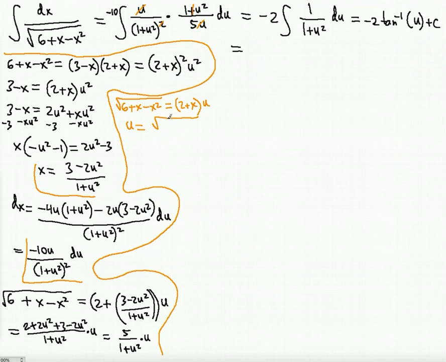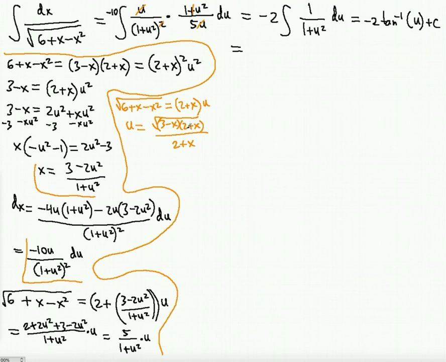Remember that this part was factored as 3 minus x times 2 plus x over the 2 plus x.